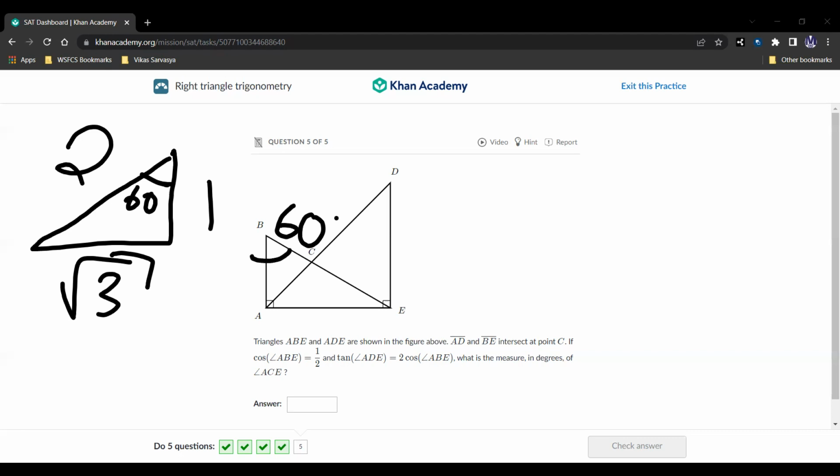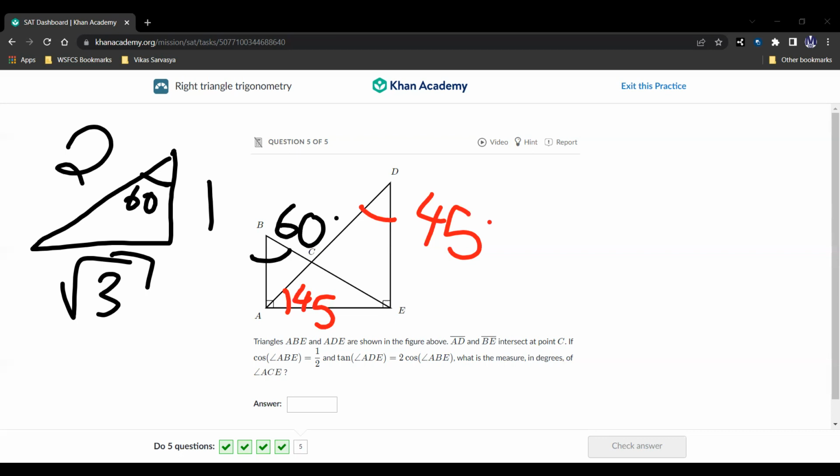And tangent of ADE is 2 cosine of ABE. Well, 2 cosine of ABE is 2 times 1/2, which is 1. The tangent of something equals 1, so the 2 legs are equal. So you're going to end up with a 45, 45, 90 triangle. So this is 45, this is 45.